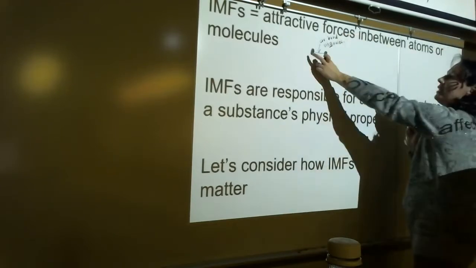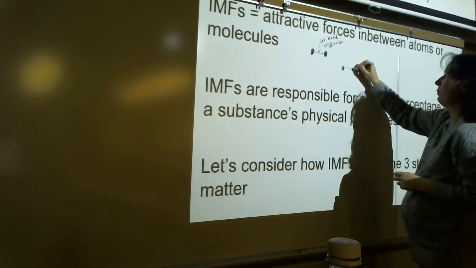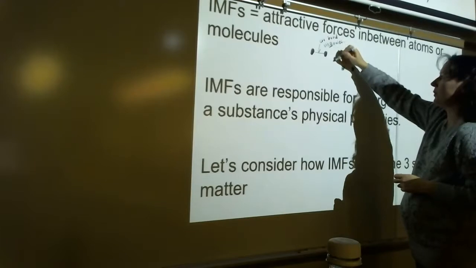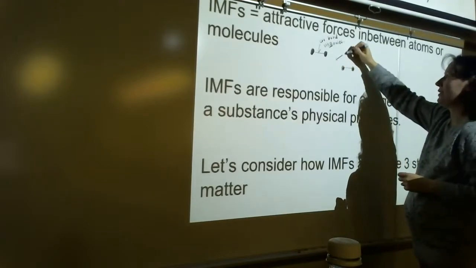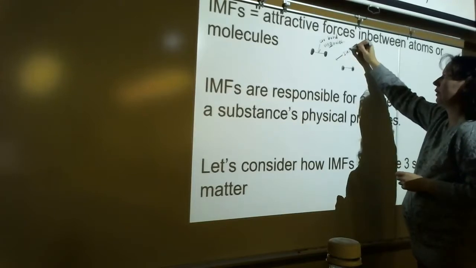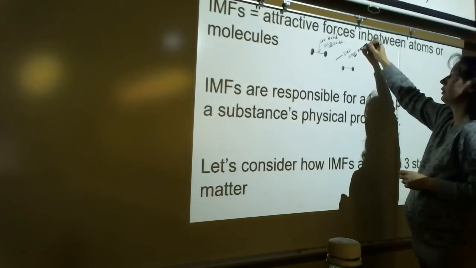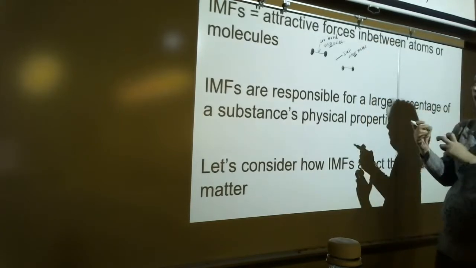Okay, that's between two nuclei. Now, if there's another atom nearby bonded to another atom, and they have a bond, but these two molecules just happen to be attracted to each other, that is an IMF, right? Intermolecular. You see the difference between intramolecular and intermolecular?